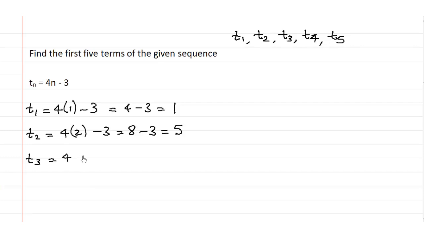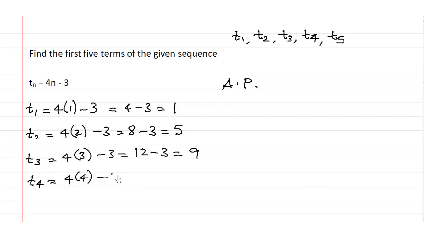T3 would be 4 into 3 minus 3, which is 12 minus 3, which is 9. Again, the difference is 4. So we can say that this is not only a sequence but also an arithmetic progression with a common difference of 4. And T4 is 4 into 4 minus 3, which is 16 minus 3, which is 13.